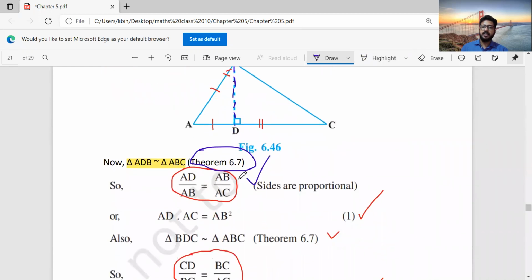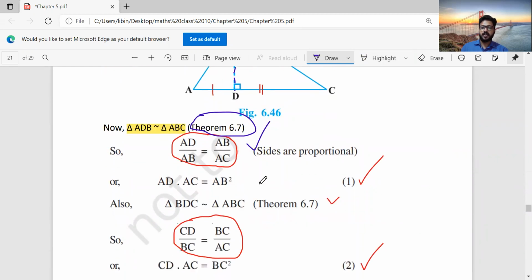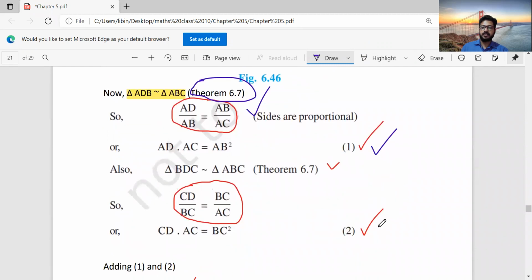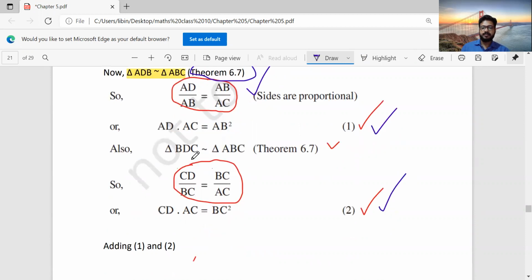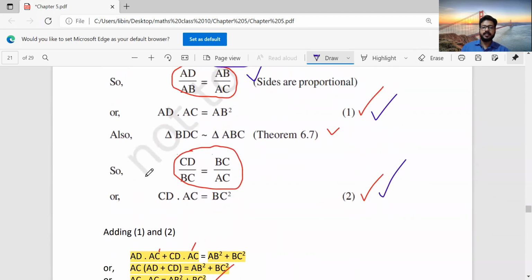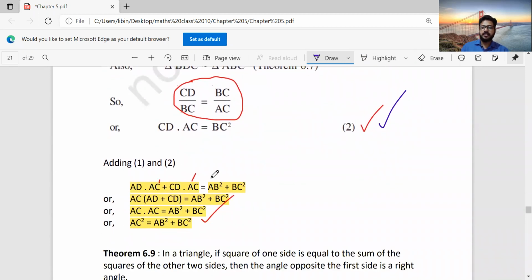We should write these two steps. Equation 1 and equation 2 are the most important steps in proving the Pythagoras theorem. Then just adding those two steps, we can see that AC squared is equal to AB squared plus BC squared, and we have proved the Pythagoras theorem.